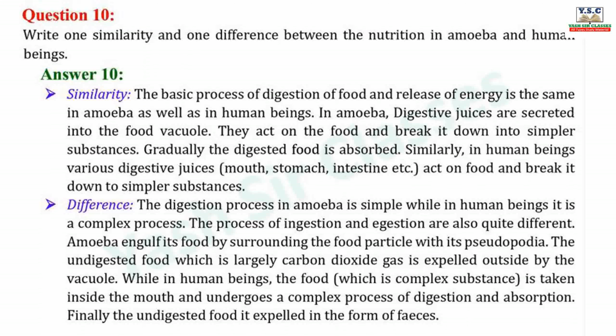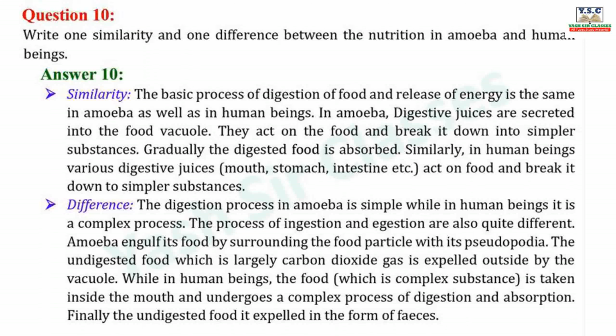Differences. The digestion process in amoeba is simple, while in human beings it is a complex process. The processes of ingestion and egestion are also quite different. Amoeba engulfs its food by surrounding the food particle with its pseudopodia, and the undigested food is expelled outside.